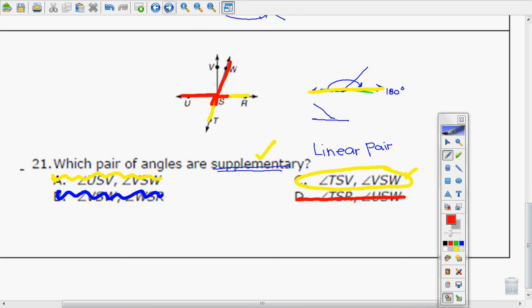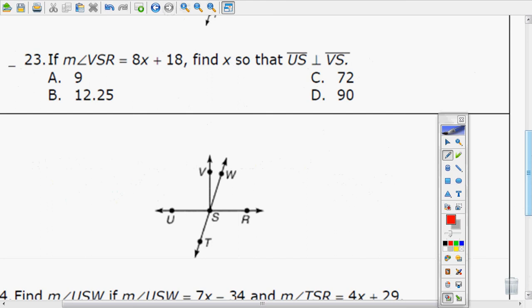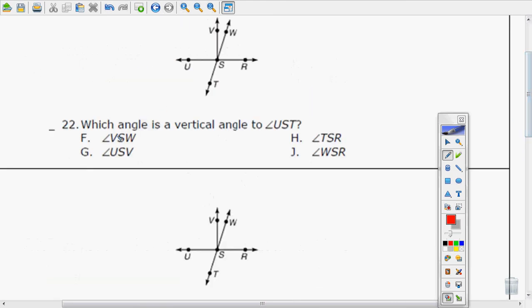Next problem, number 22, we're almost done. We are asked to look at the picture and decide which angle is a vertical angle to UST. So let's highlight angle UST.